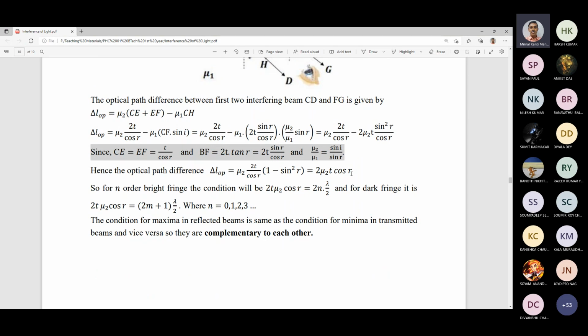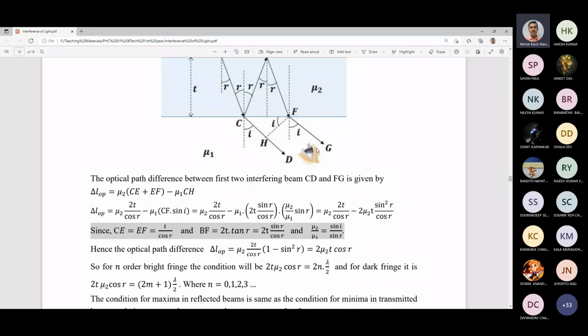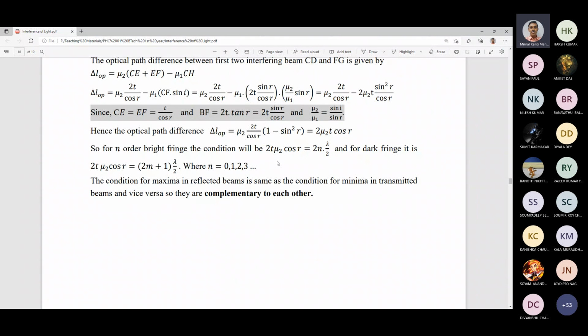Now here you see there is no abrupt phase shift between these two beams, right? So in this condition, the condition of maxima or bright fringe will be twice t mu2 cos r equals twice n lambda by 2, and the condition of minima will be twice t mu2 cos r equals twice n plus 1 lambda by 2.